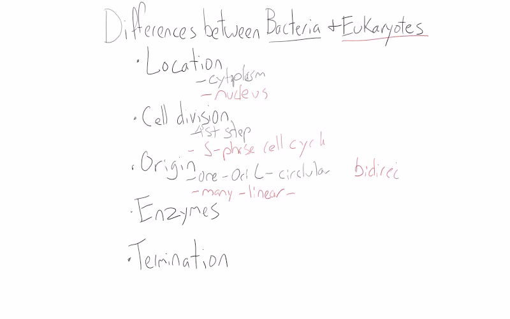Bidirectional means that DNA is synthesized in both directions at the same time. As we saw above, you had a complementary strand to the 5' to 3' on top and a complementary strand on the bottom, both being synthesized at the same time. And both eukaryotes and bacteria have the Okazaki fragments.